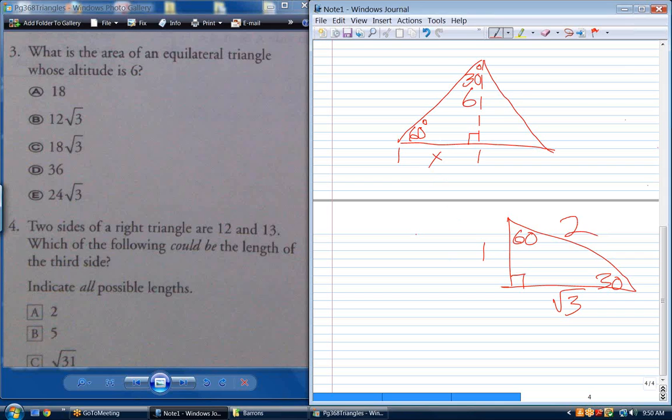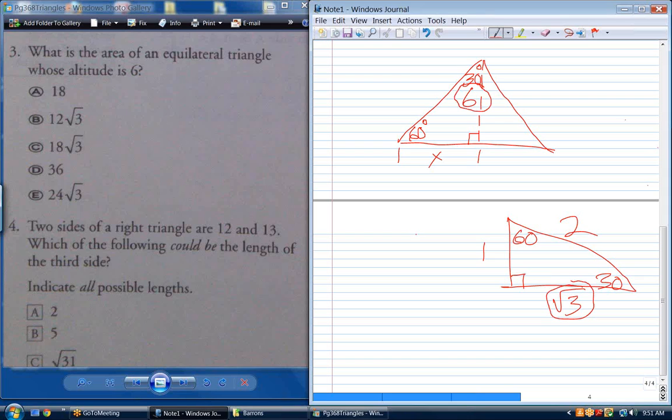Okay, x would be 3 square root of 3. Let's see. Oh, wait, no, because... Oh, no, that would be right. Wouldn't... no, it'd be 6. Let's set up, the way I taught you to do these is to find the comparable sides. That side is opposite the 60. This side is opposite the 60.